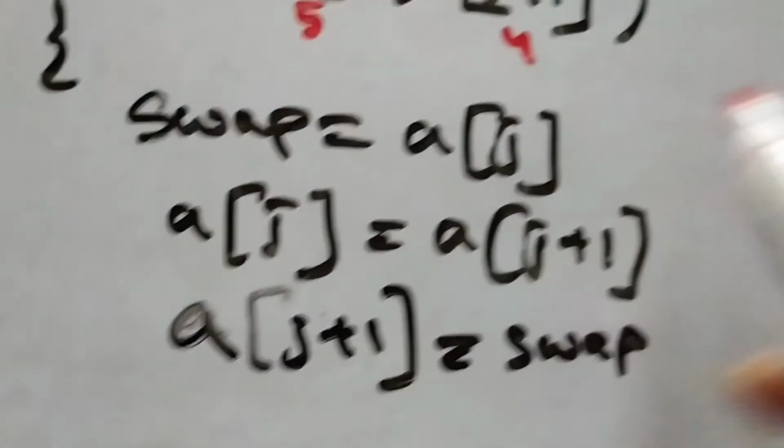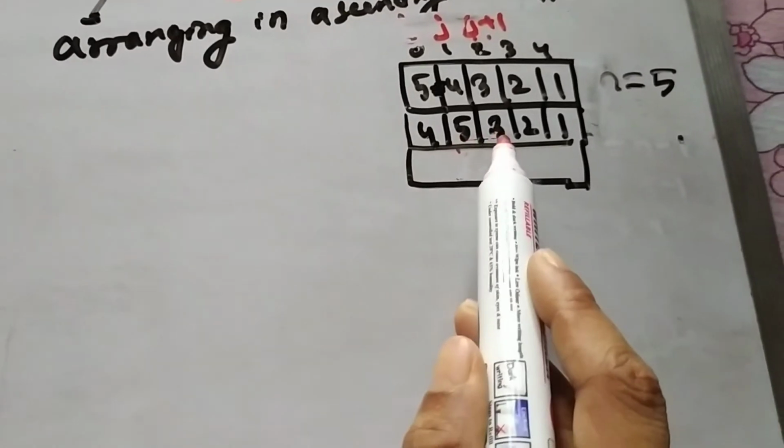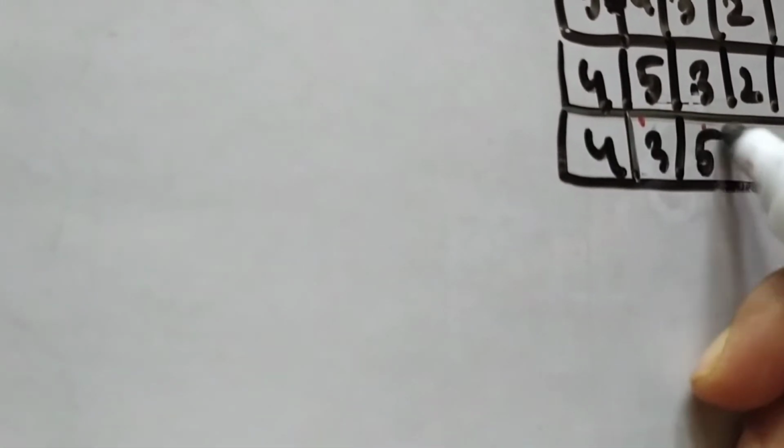So a[j] is 5 and a[j plus 1] is 3. Obviously 5 is greater than 3, so again they are exchanged. So now 4, 3, 5, 2, 1.